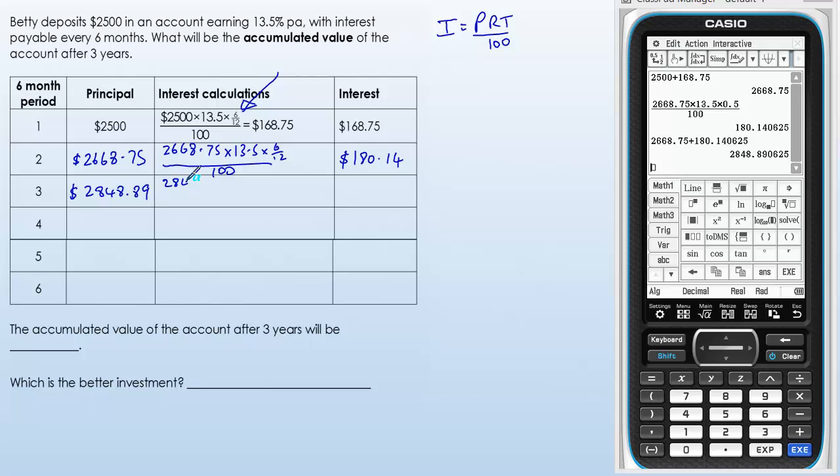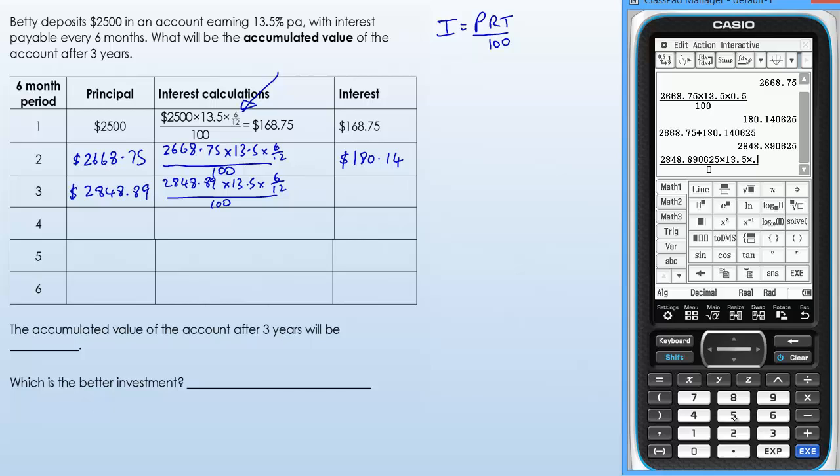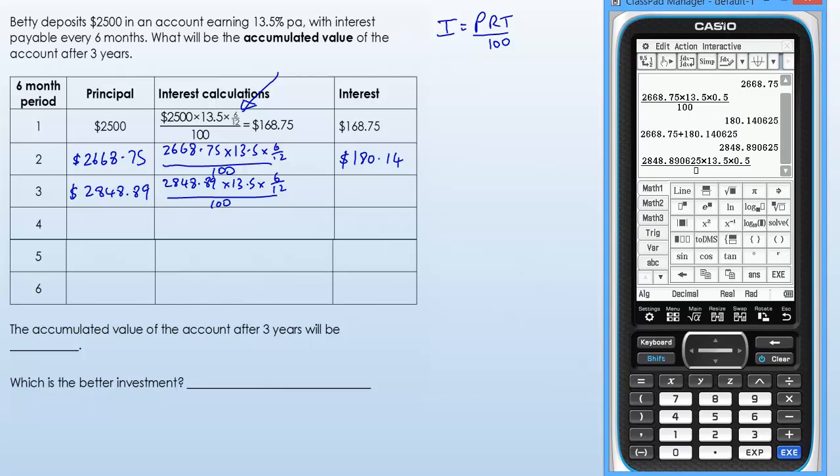So 2,848.89 times 13.5 times 6/12 all over 100. So let's just drag that down to here. Multiplied by 13.5. Once again, 6/12 is just 0.5. And divide that by 100.